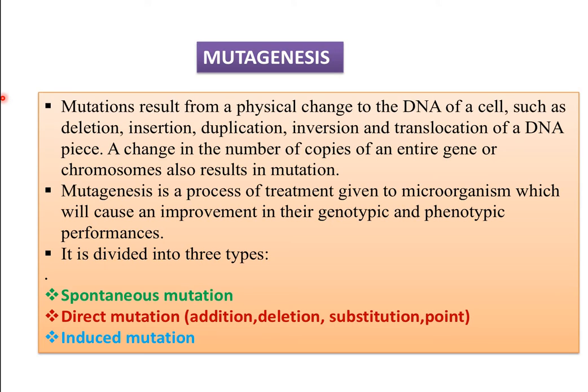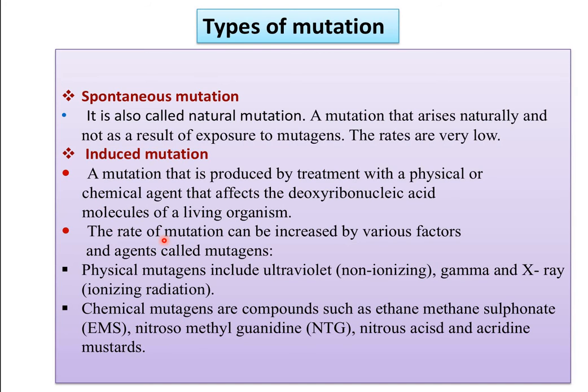And mutagenesis is a process of treatment that is given to the microorganisms which will cause an improvement in their genotype and phenotype performances. If we divide mutagenesis, it is of three types: spontaneous mutation, direct mutation, and induced mutation.